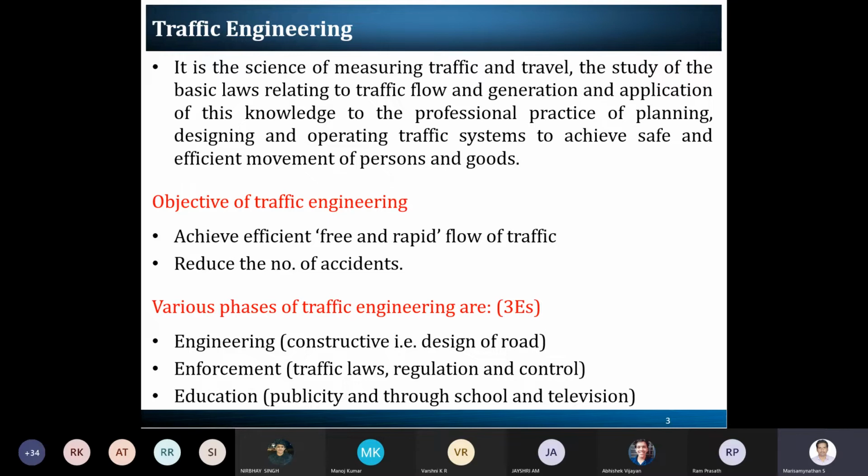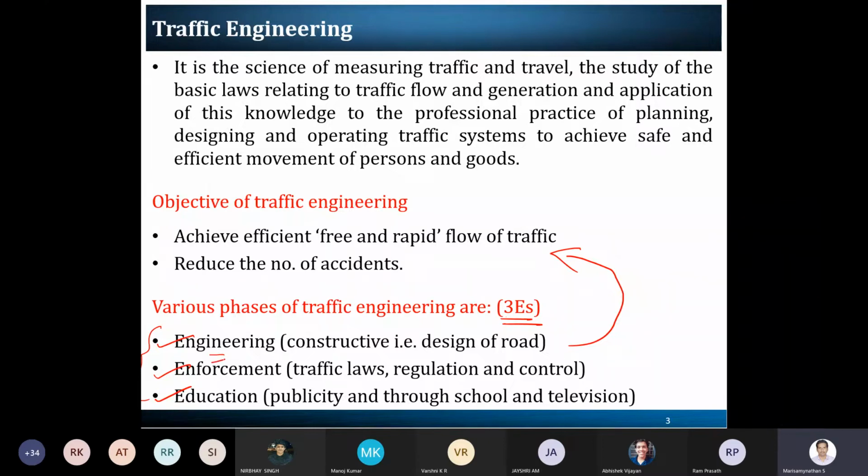With this brief introduction, in this unit we are going to cover the 3 E's: engineering, enforcement and education. To achieve safer and efficient fast movement, and to reduce the number of accidents, we apply these 3 E's as a transportation engineer or traffic engineer.